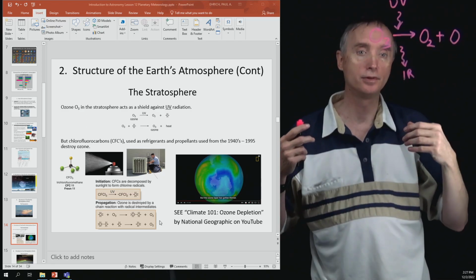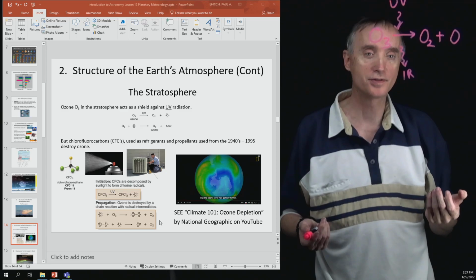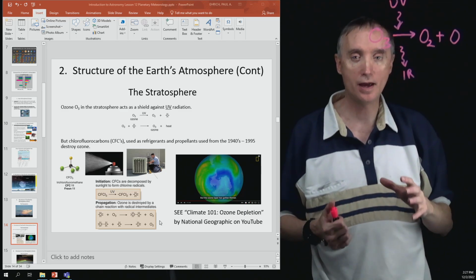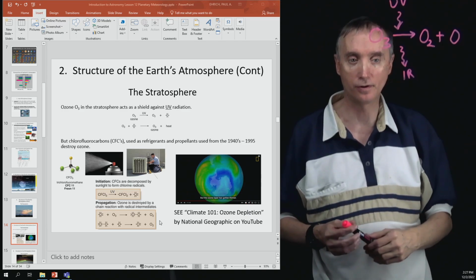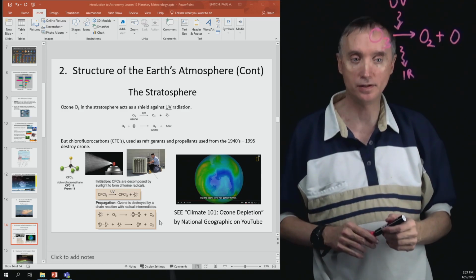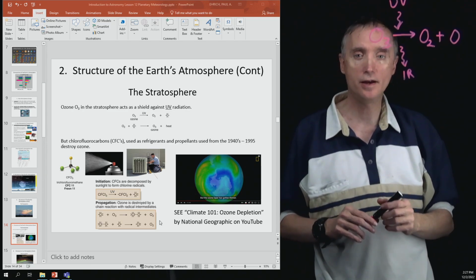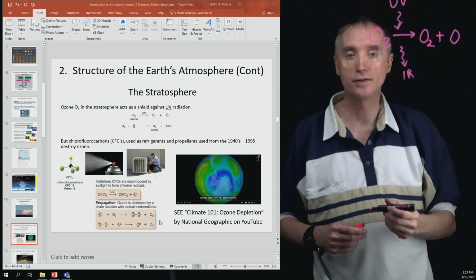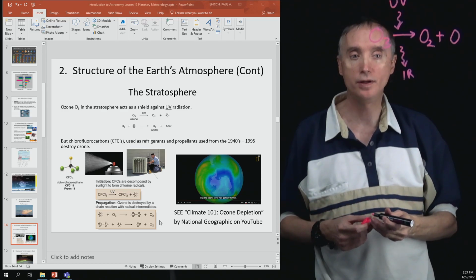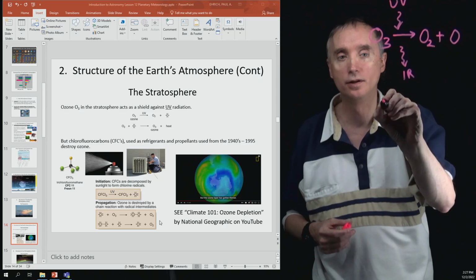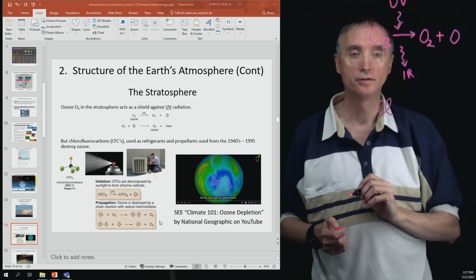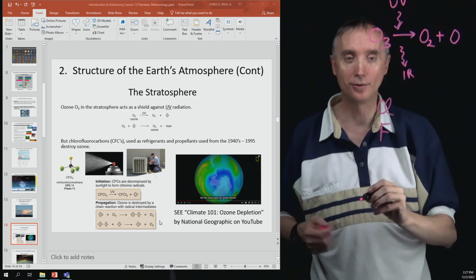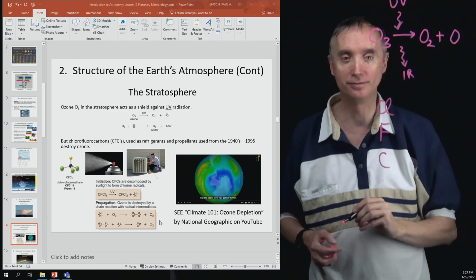So again, the ozone layer protects us. Now, if that was the whole story, it would have a happy ending. But the problem is that we have put into the atmosphere these things called CFCs. The word CFC stands for chlorofluorocarbon. What elements do you think would be in it? Chloro means it's got chlorine, fluoro means it's got fluorine, and carbon means it's got carbon in it.